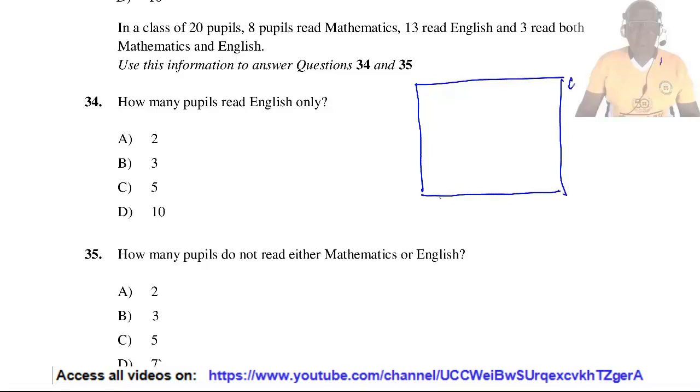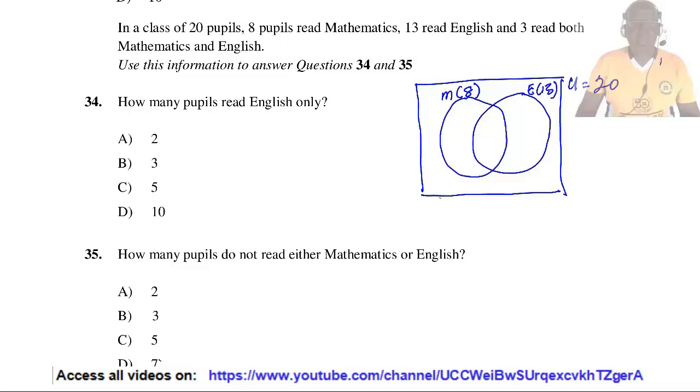The universal set, which is the number of people in class, equals 20. Let this set be mathematics, and they are 8 in number, and let this set be English, and they are 13 in number. Now, those who study both mathematics and English are 3 in number.